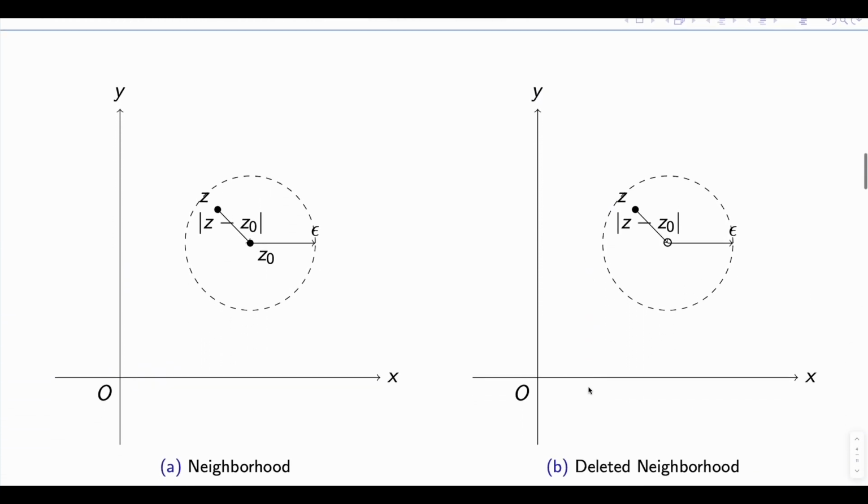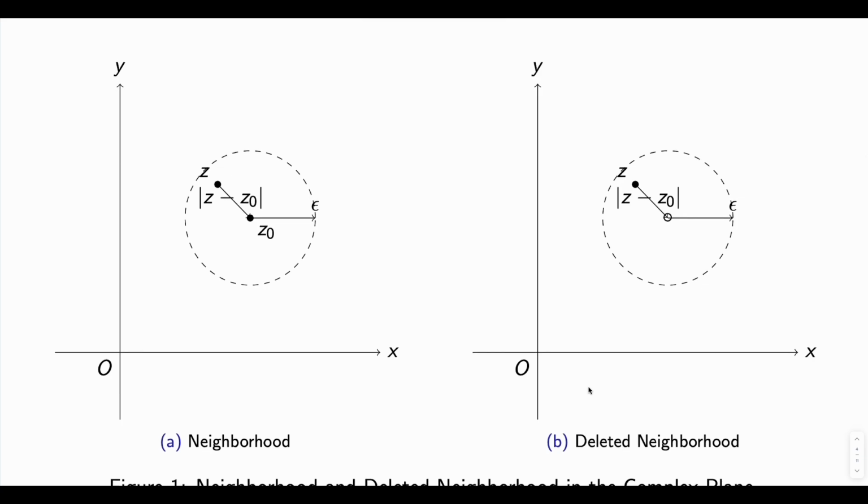Now the graphical interpretation. This is the center z naught and the radius is epsilon. For any point z, the modulus value of z minus z naught is less than epsilon.